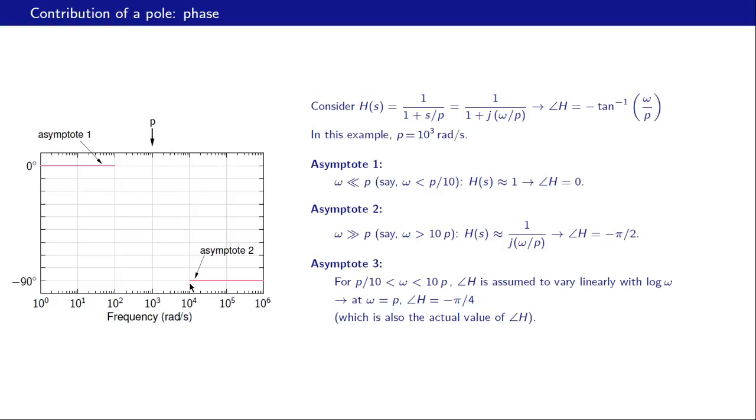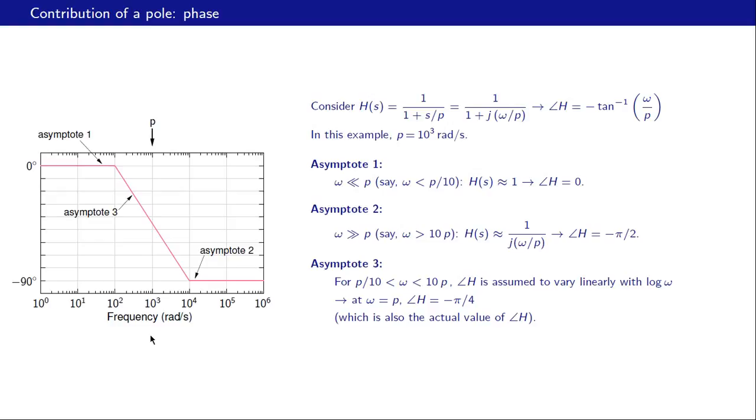Now let us look at what happens at this frequency omega equal to p. What is the phase given by this expression? Omega equal to p, that means we have minus tan inverse of 1, that is minus 45 degrees. This is our asymptote 3, a straight line connecting these 2 points, and notice that the asymptote also passes through minus 45 degrees at omega equal to p.